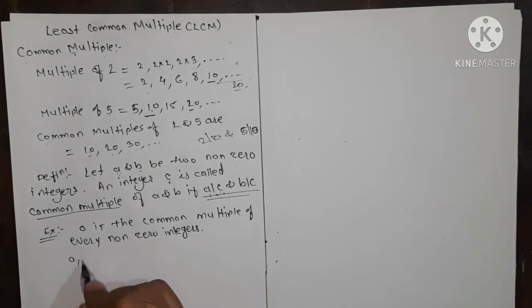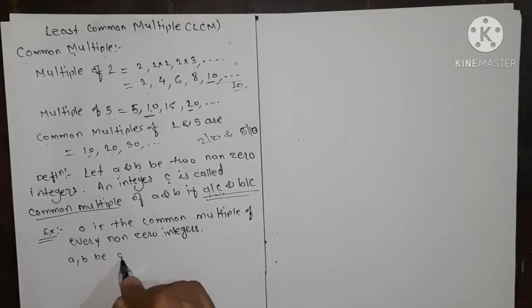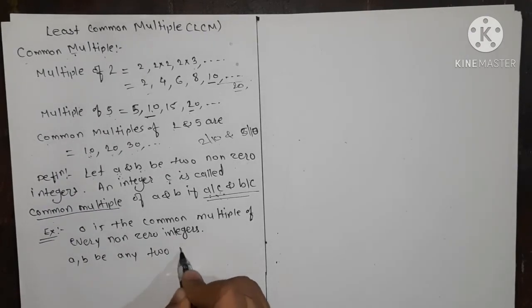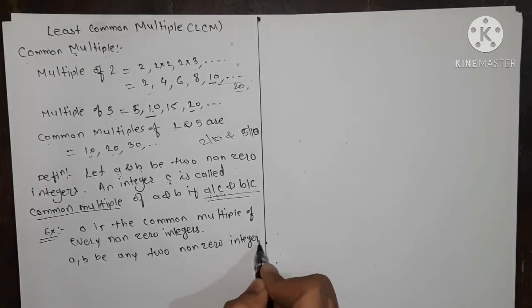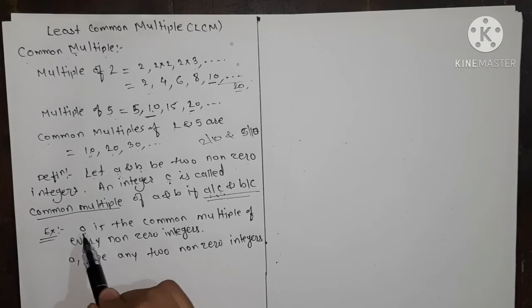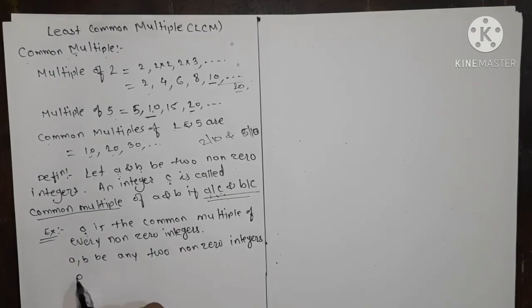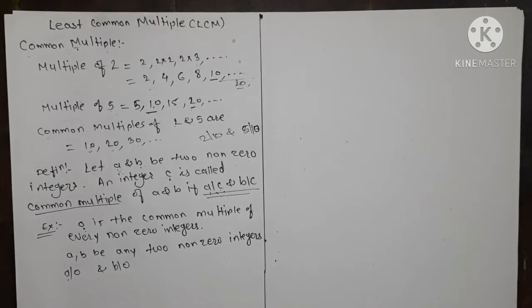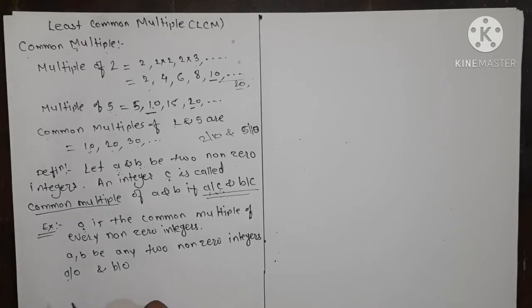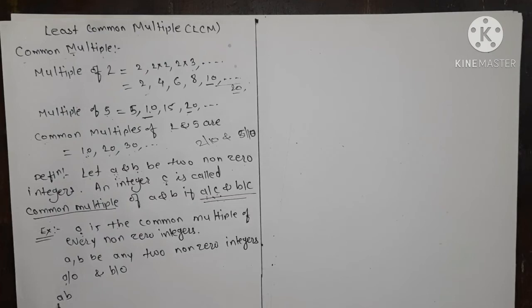Because if A and B are any two non-zero integers, then A divides 0 and B divides 0. Any non-zero integer divides 0. So 0 is the common multiple of every pair of non-zero integers.